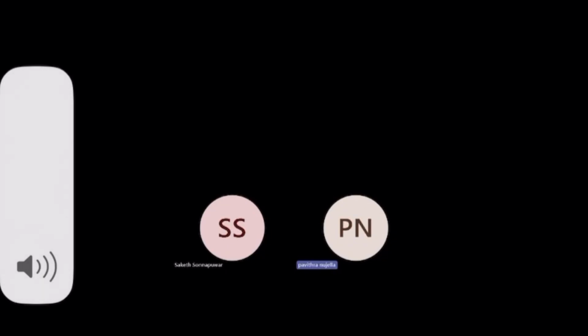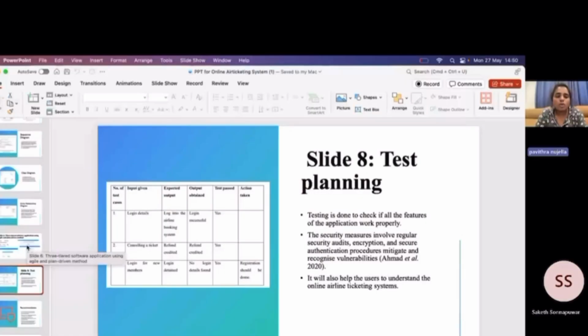To ensure that every aspect of our application operates smoothly and effectively, by thoroughly testing all features, we can guarantee a seamless user experience and identify and address any potential issues before they impact users. Moreover, security is paramount in our online airline ticketing system. We employ rigorous security measures, including regular security audits, encryption techniques, and robust authentication procedures.